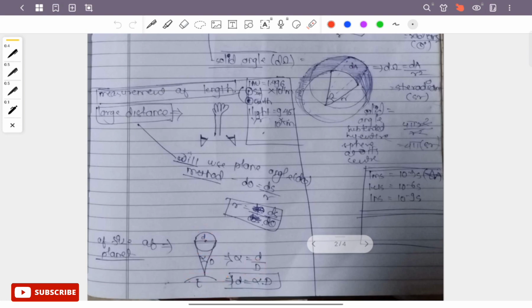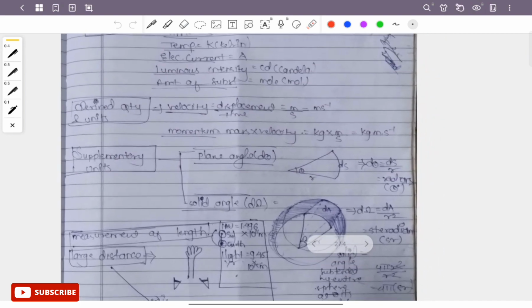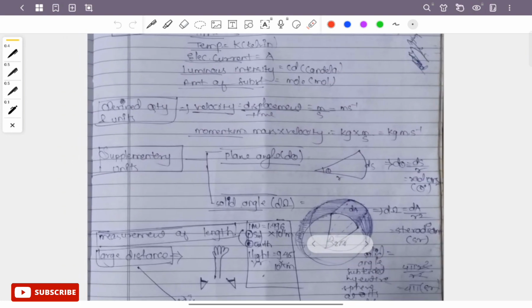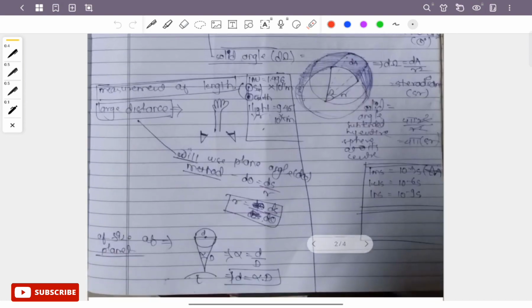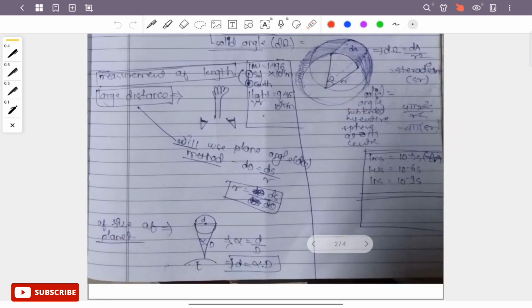As you can understand, this is the same formula we have used before, with the angle, the distance, and the length of the arc. The same formula we use for measuring the size of a planet.